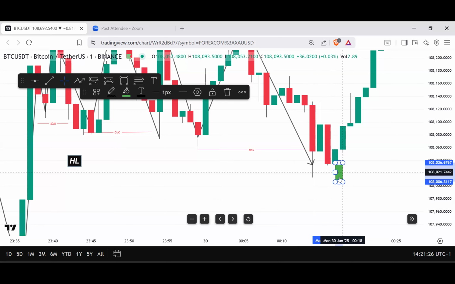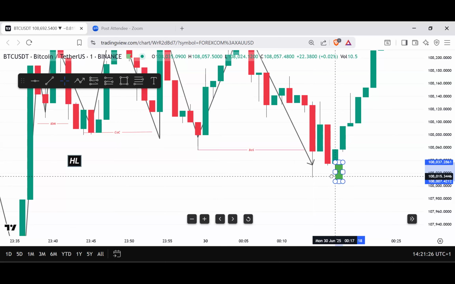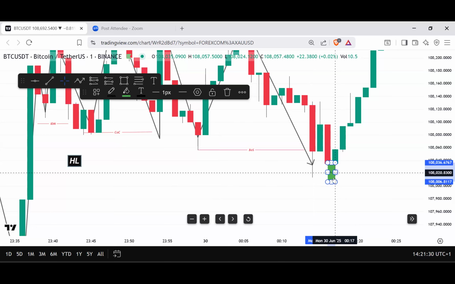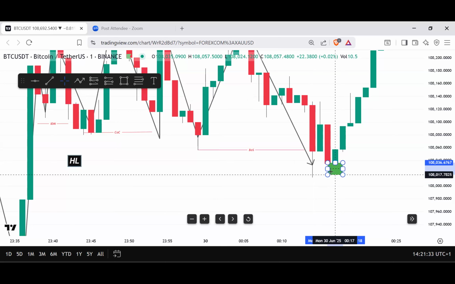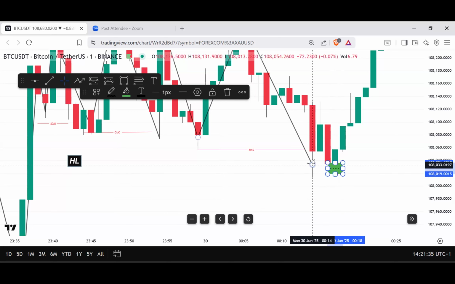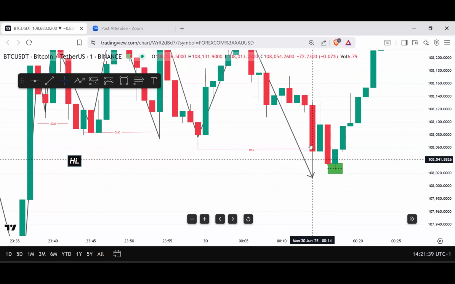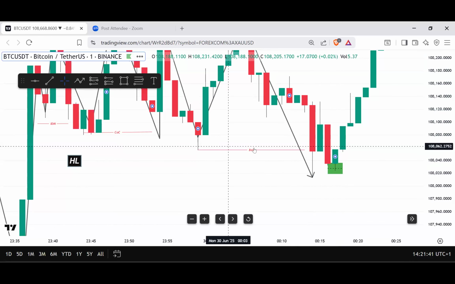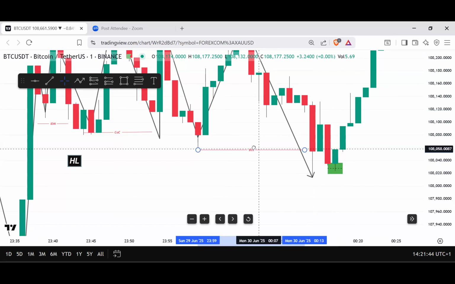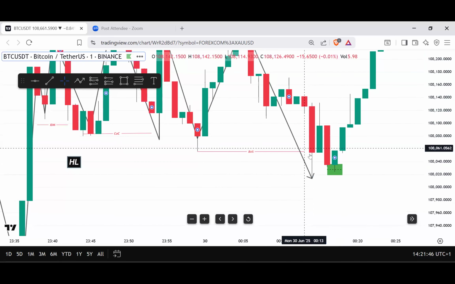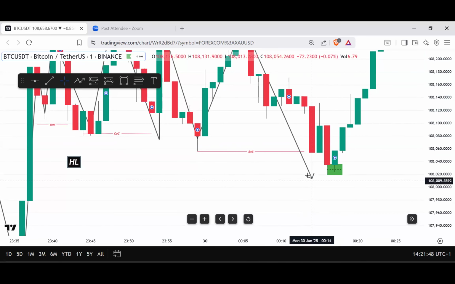So the point is very minute. At the same time, it's very important. As long as during this week, this candle now forms the break of structure, but the wick got to this point.